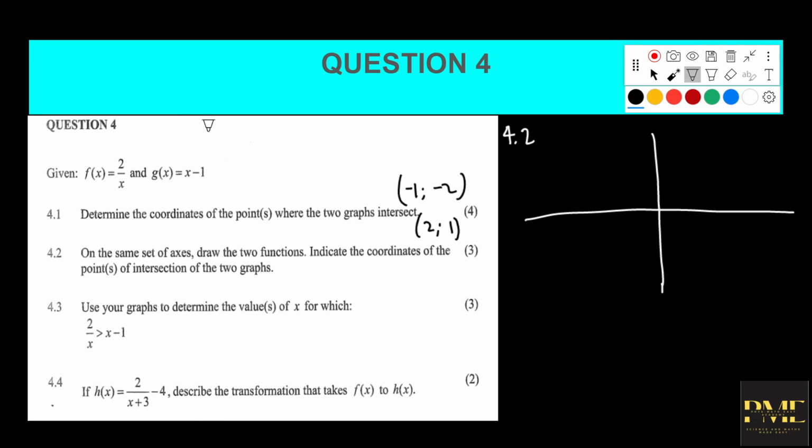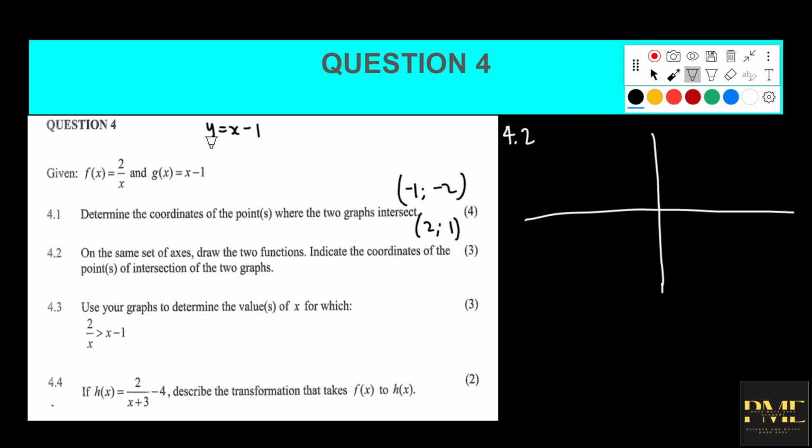So in other words, since our g(x) is a straight line and its graph can be represented as y is equal to x minus 1, you can easily calculate your x and y intercepts by making y equal to 0 for x and making x equal to 0 for y.